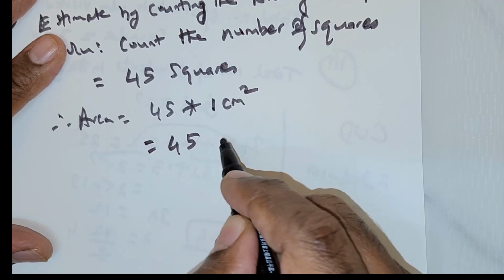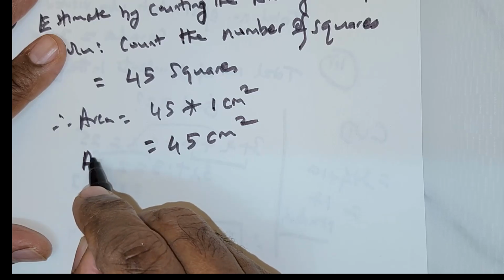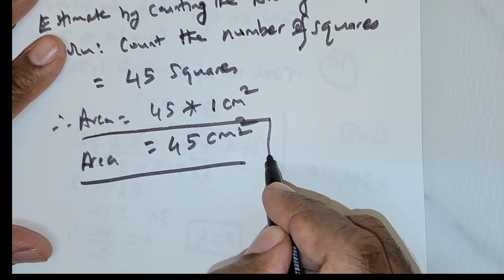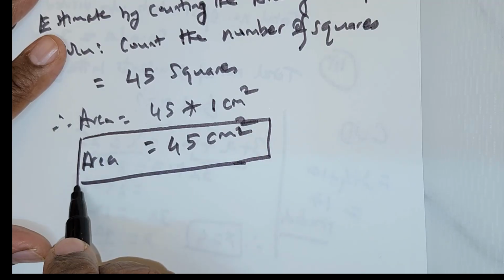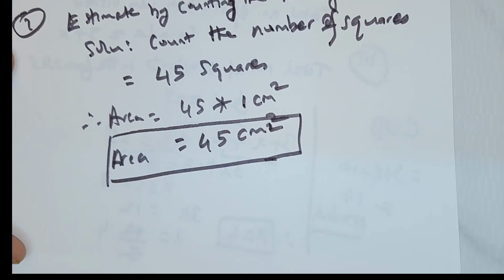So that's going to give you 45 cm square units. And what is this? This is going to be my area. So let me write that down there. 45 square cm. So that is the conclusion for this question.